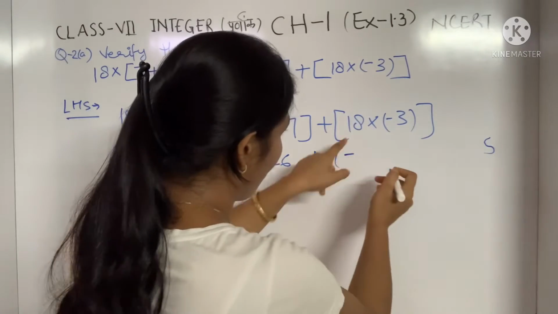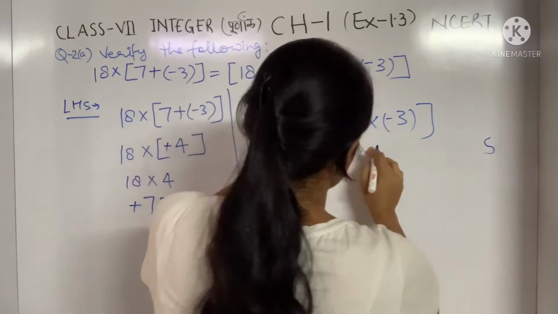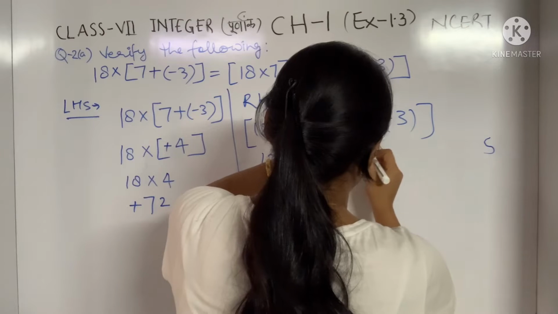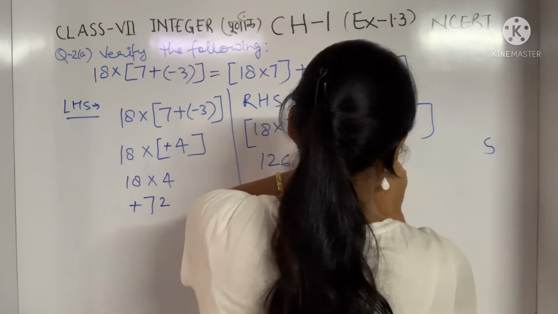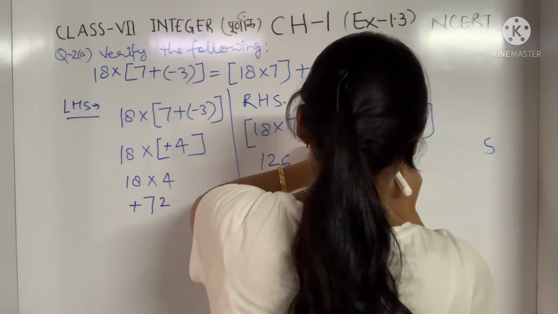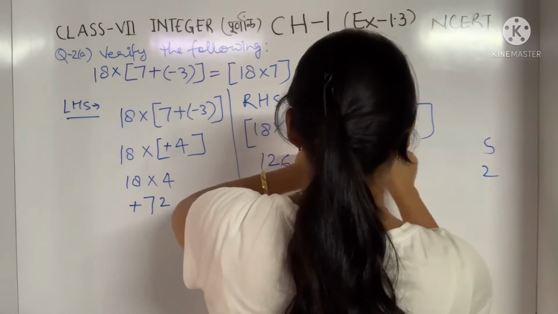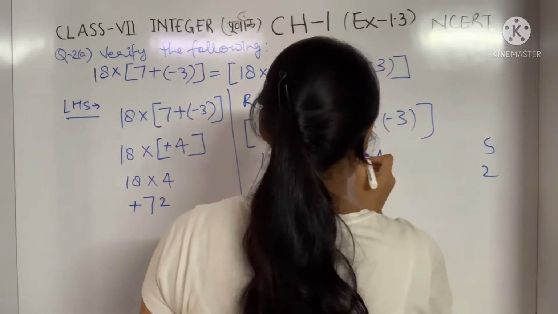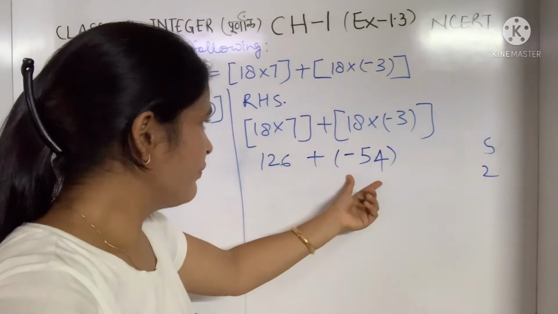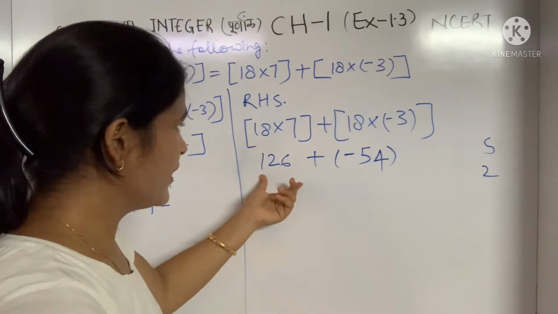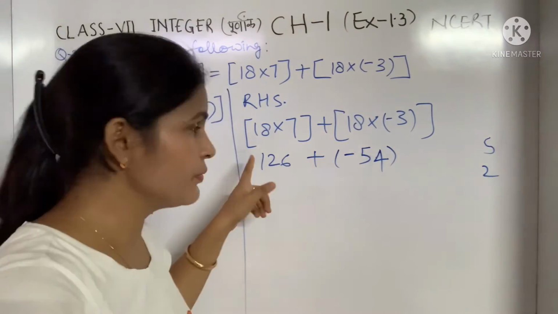So minus 18 threes: 8 threes are 24, 4 and carry 2, and 1 three is 3 and 2 is 5. So 54. 18 threes are minus 54, and it will become 126, with a plus sign.